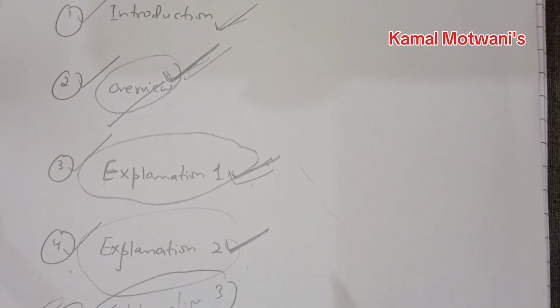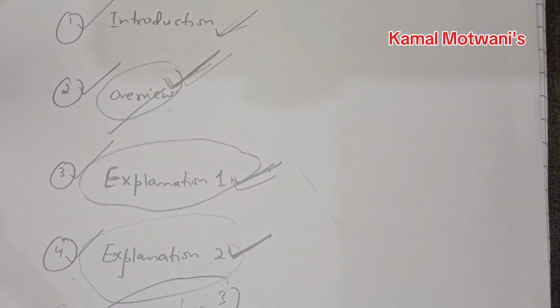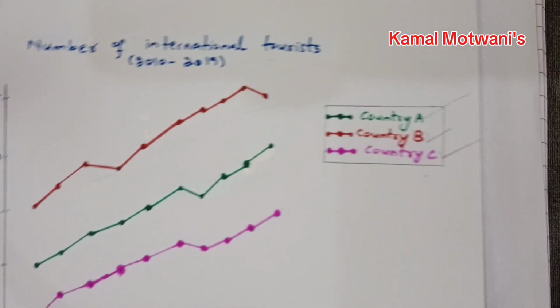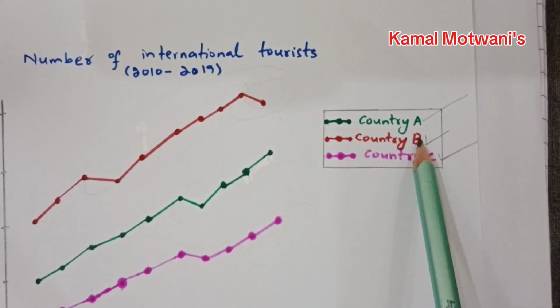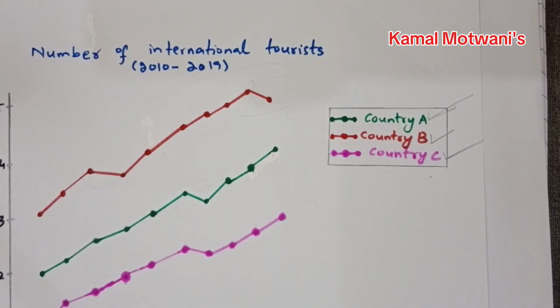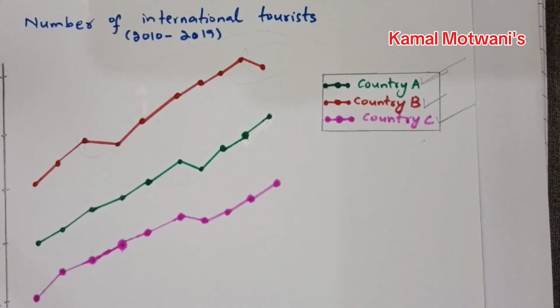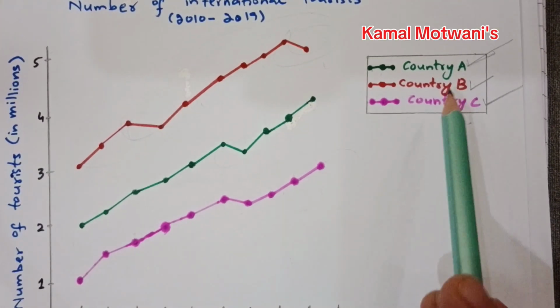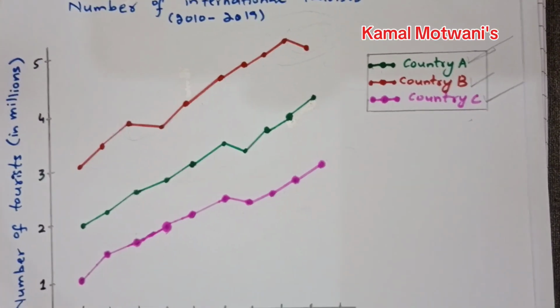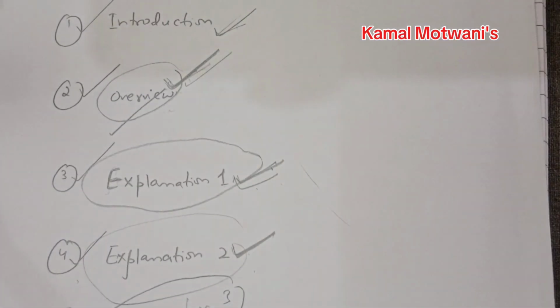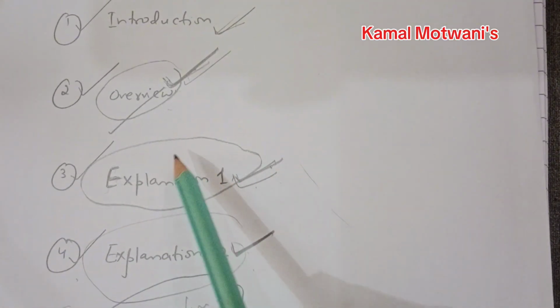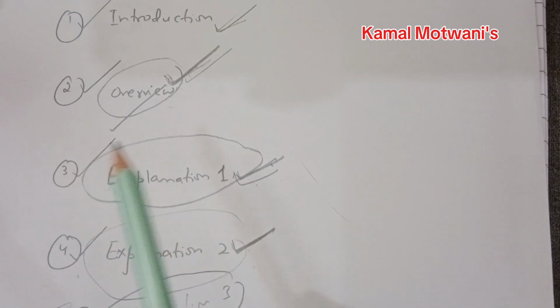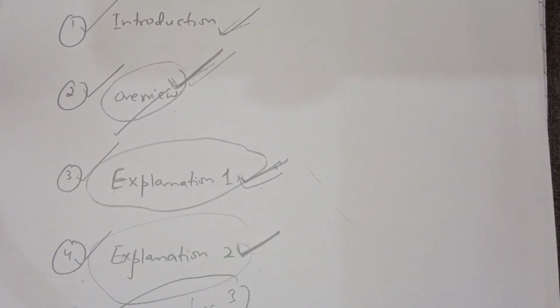Okay, so moving on to the third paragraph, that is the explanation 1, regarding a variable which is country A. So the third paragraph is dedicated to country A. Whatever we have noticed or interpreted regarding country A in the line graph, we will put the information in paragraph format in the third paragraph, pertaining to explanation 1 or description 1.